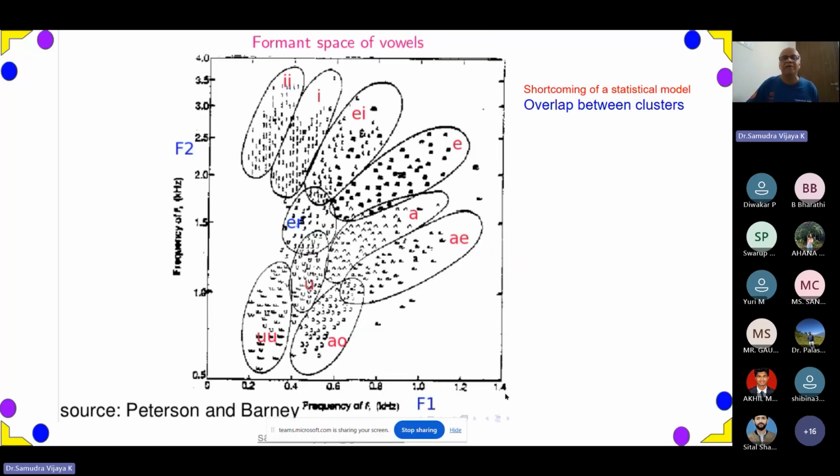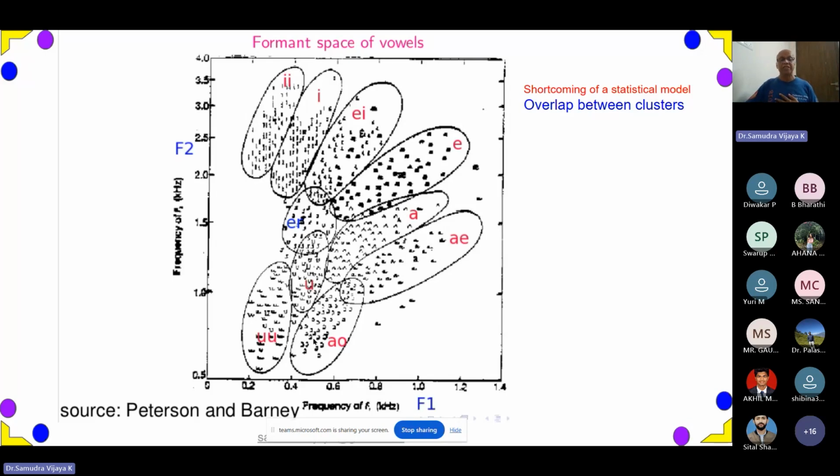But notice that if you look at F1, the first resonance frequency is the first formant, and the second resonance frequency is the F2 of different vowels. They do occur slightly differently in the formant space, but look at this particular person. Now, different people have different formant frequencies.